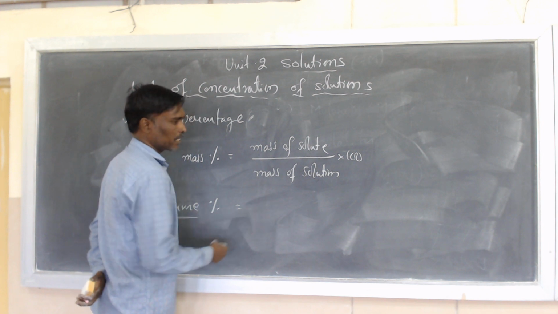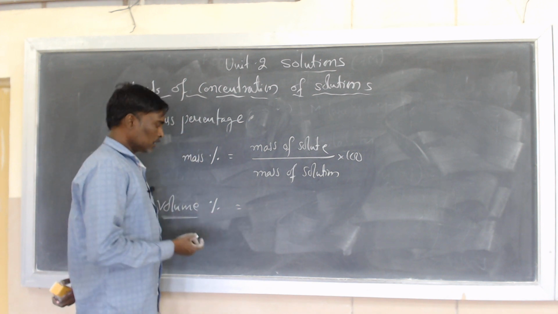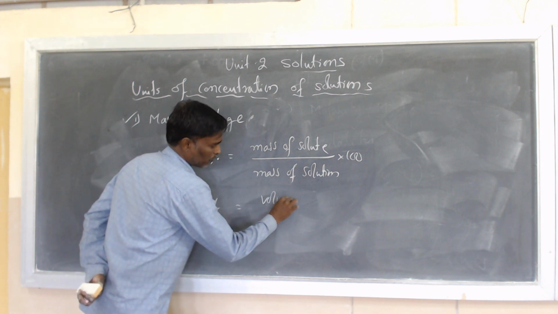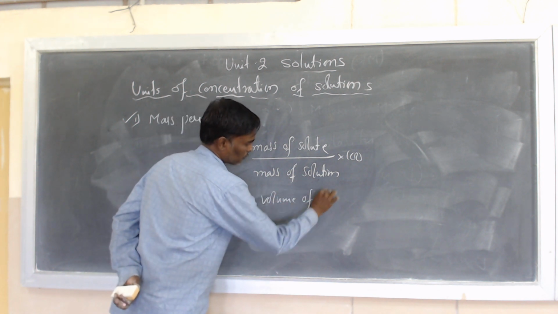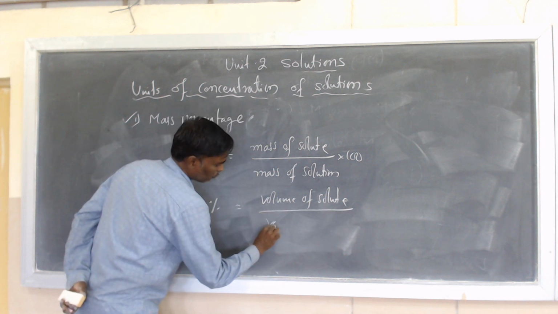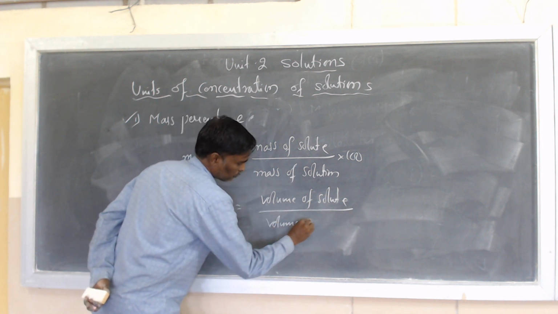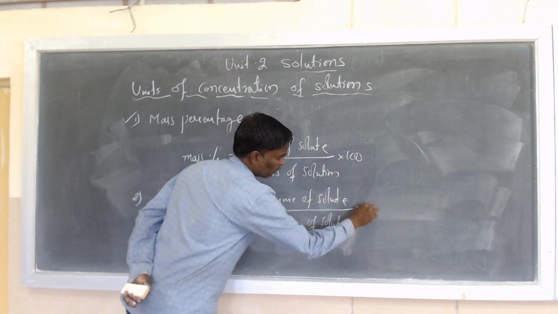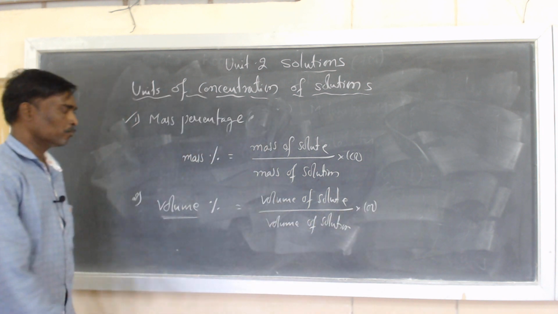So for example, 10 ml of water, like that. So volume percentage is defined as the ratio of volume of solute to the volume of solution into 100, that gives volume percentage.